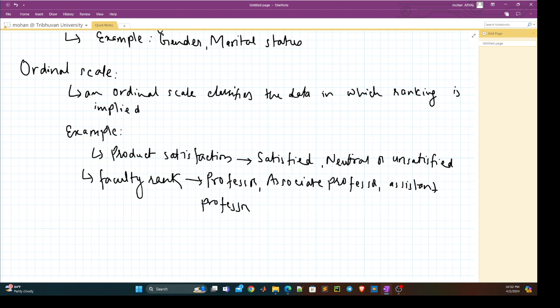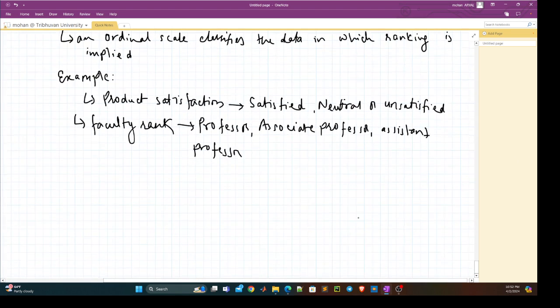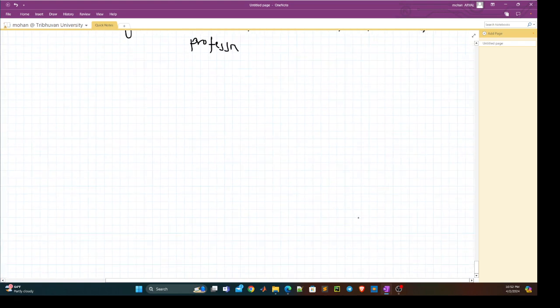And there is something known as the interval scale.